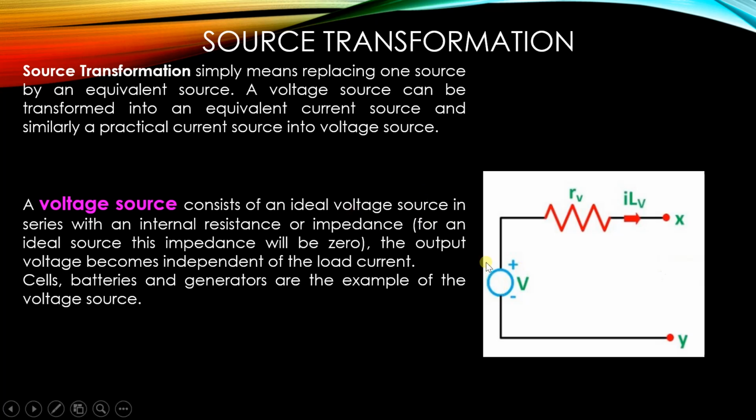In voltage source, we are always having a series resistance, and the load current is independent of the voltage across terminal X and Y. The output voltage means this output voltage, the voltage across X and Y, is independent of the load current ILV.